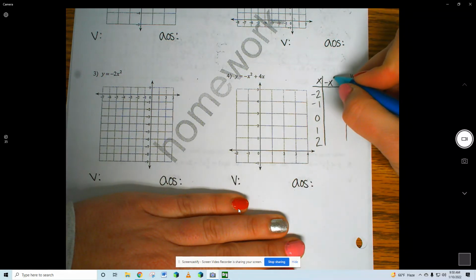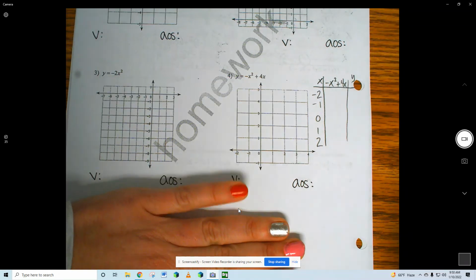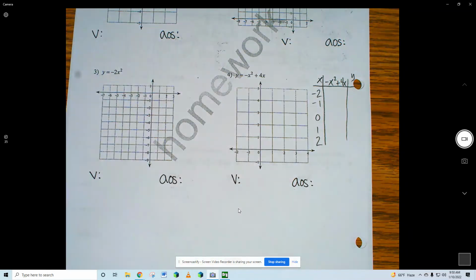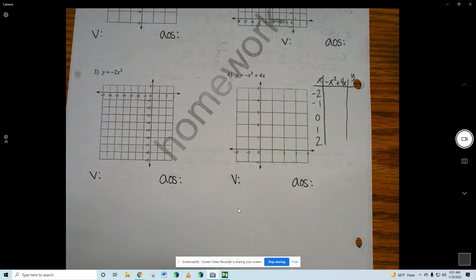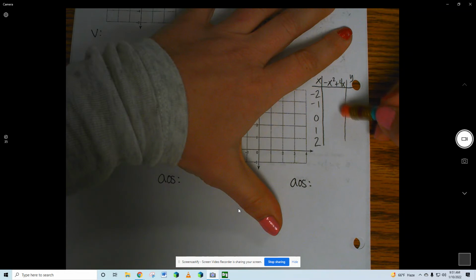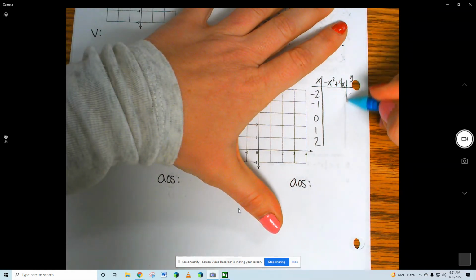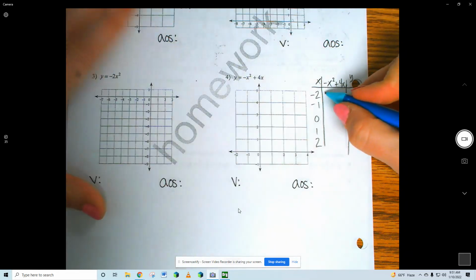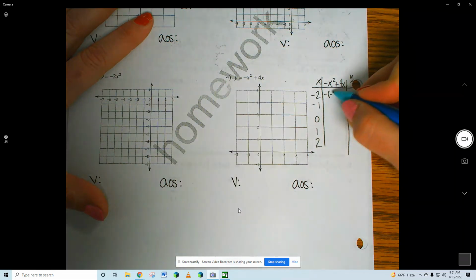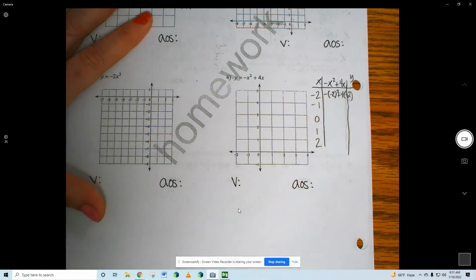Negative x squared plus 4x is my math problem. That's my equation. So I actually need to do that work. Negative 2 squared plus 4 times negative 2. And I already ran out of room.